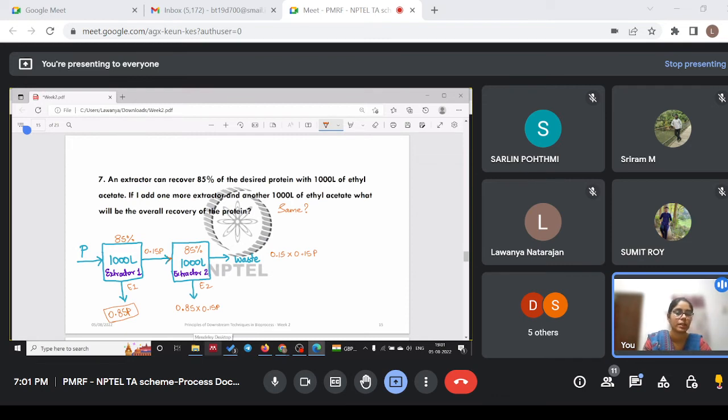Do you understand? Shall I repeat? So you're getting two outputs, one from first extractor and another from second extractor, and this put together is going to give you the final efficiency. Are we clear?